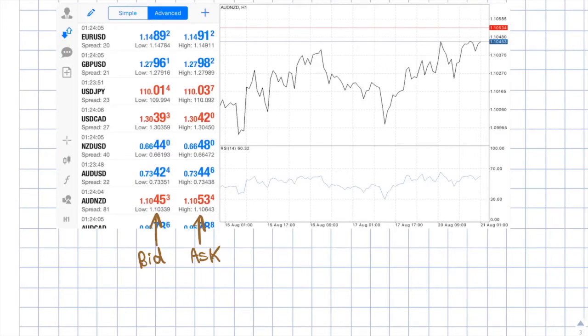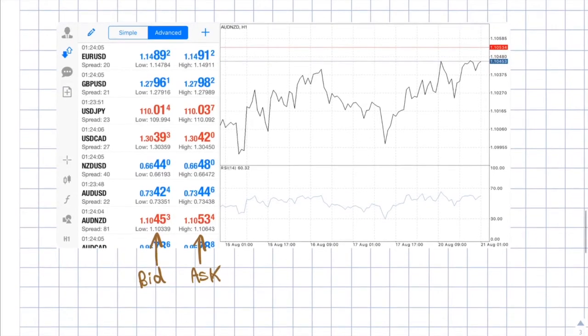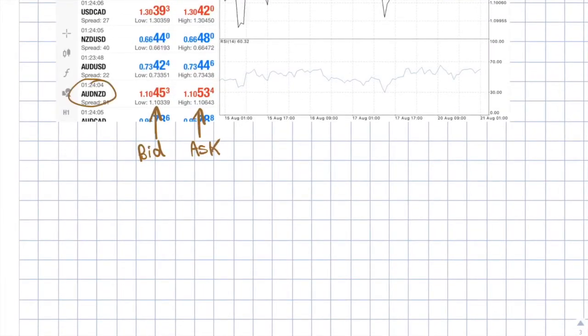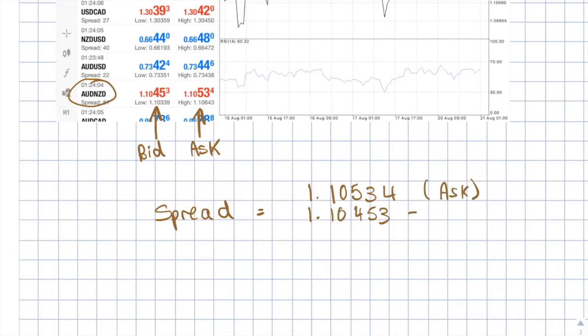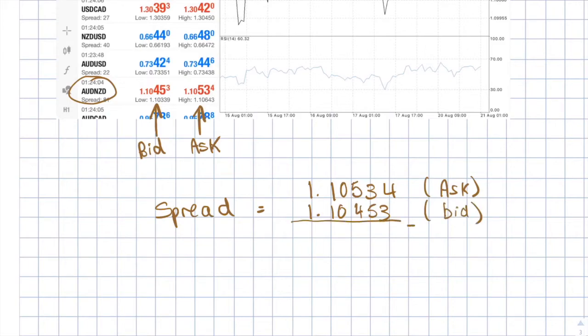Now, let's just take this example and try to derive the spread from it, using that formula. So we take the highest value, 1.10534, which is the ask, and we minus it from the bid price, 1.10453, which is the bid price, and this will give us 0.00081.